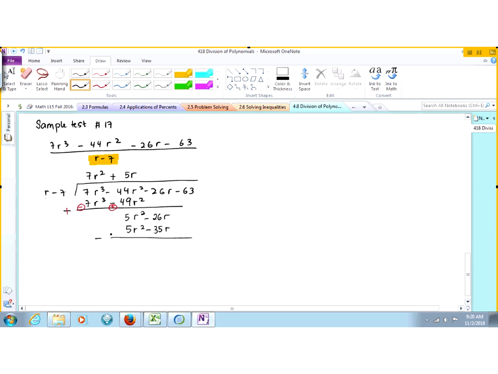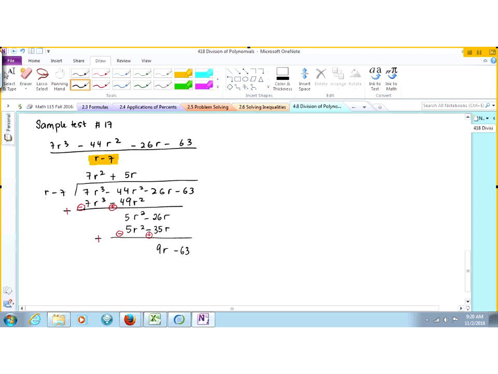So subtract. Instead of subtracting, we will add with the opposite. So this always cancels. Now the next one, what is negative 26r plus 35r? 9r, and we bring down the negative 63.